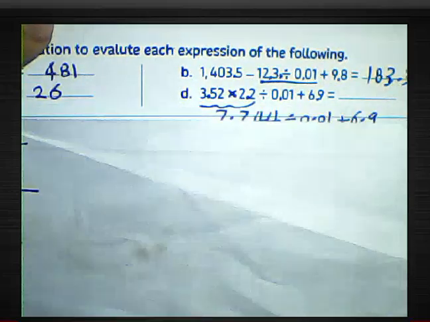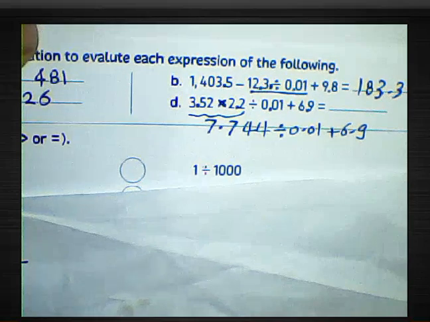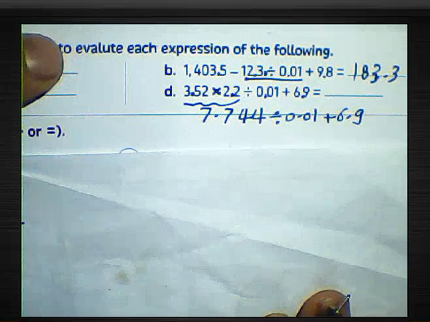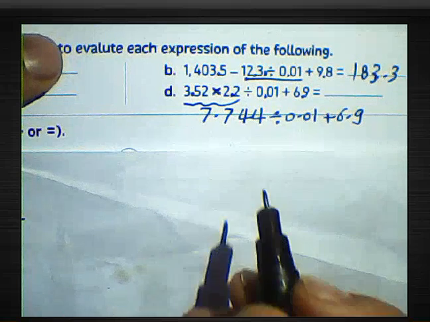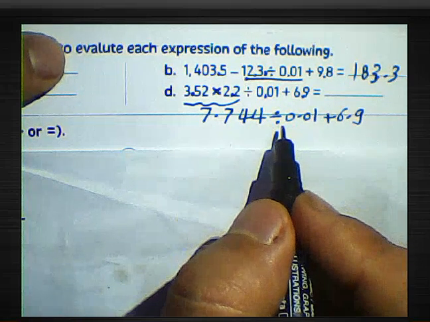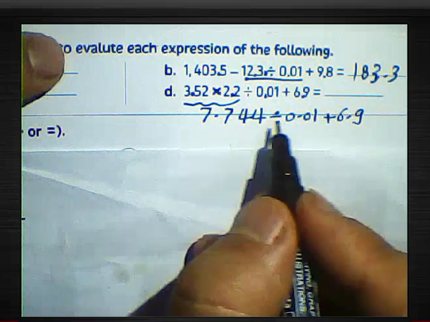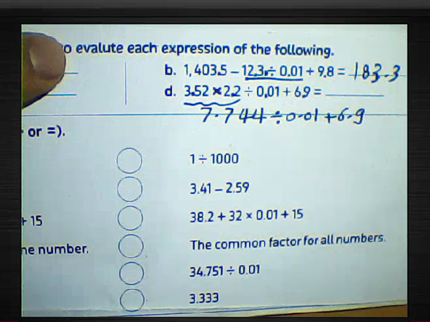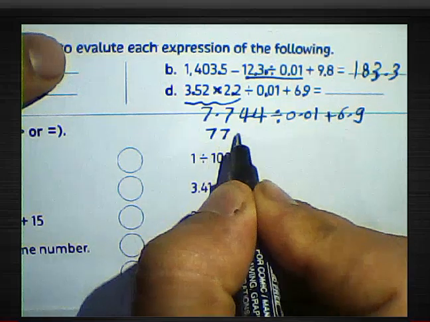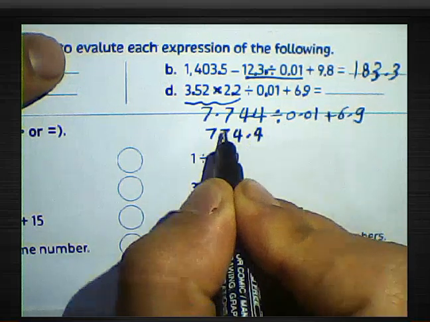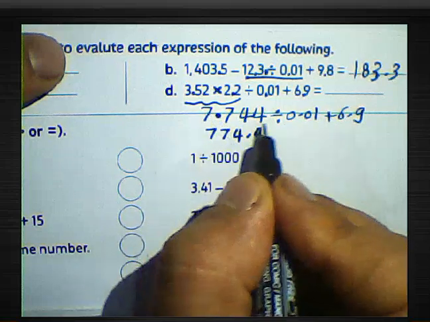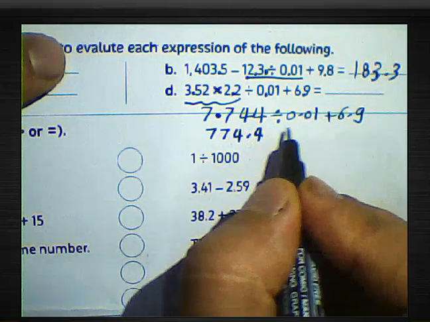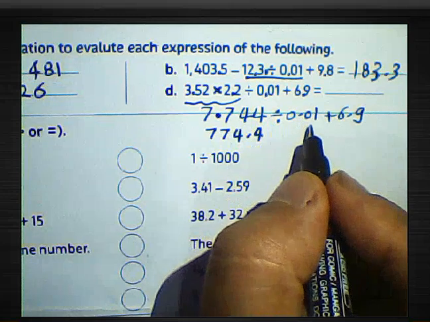Complete with me. In this example, we can find the division by moving the point from left to right by 2 digits. So we must write 774.4. Move the point to the right by 2 digits, because we divide by a decimal.